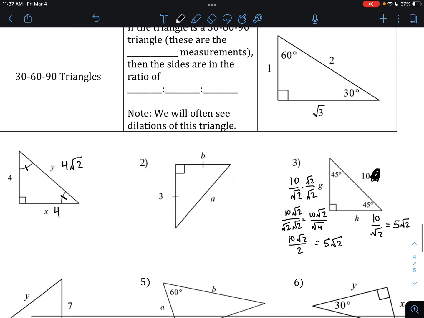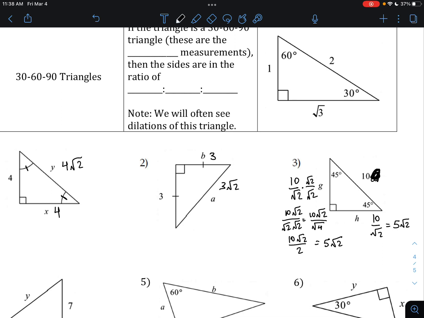Okay, let's look at another easy one. Number 2, we're given the leg. Since this is a 45, 45, 90, since these two legs are the same, we know that this side is 3, and we know that the hypotenuse is 3 times the square root of 2, or just 3 square roots of 2.